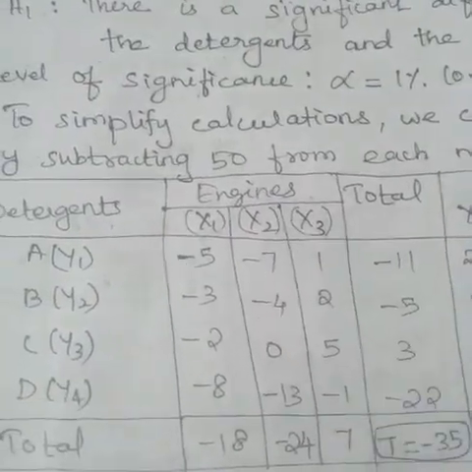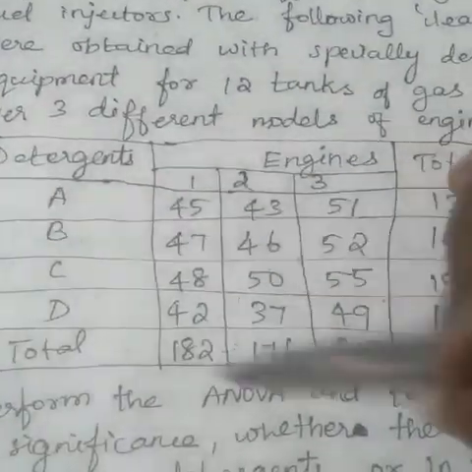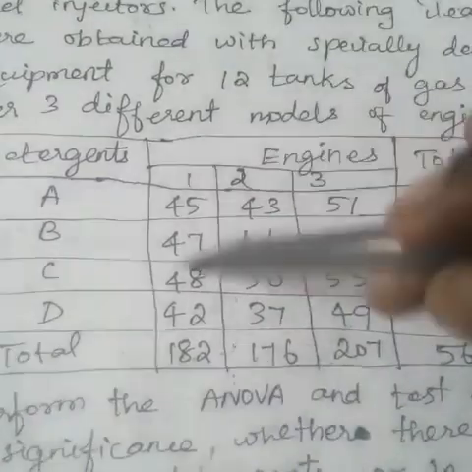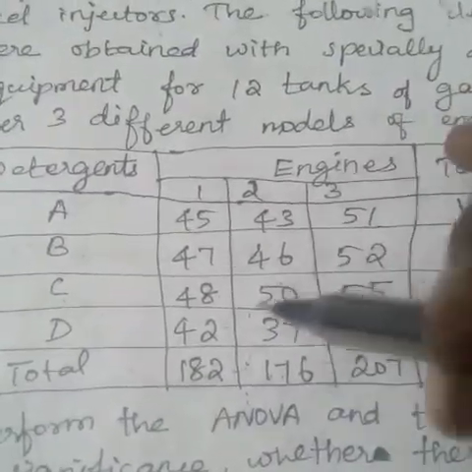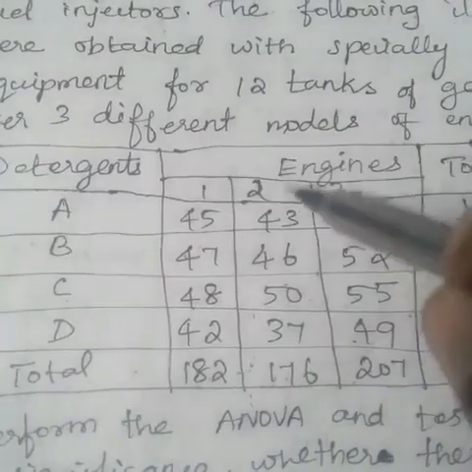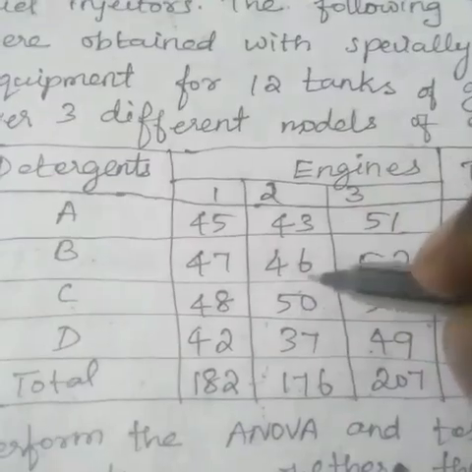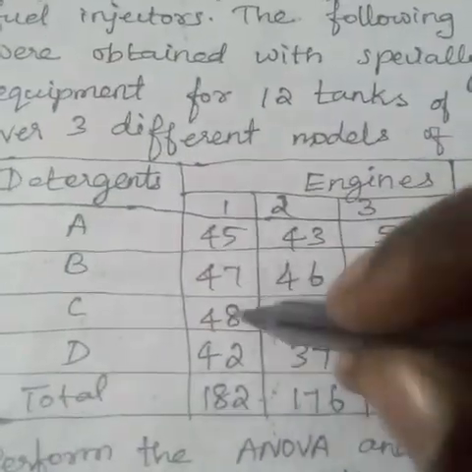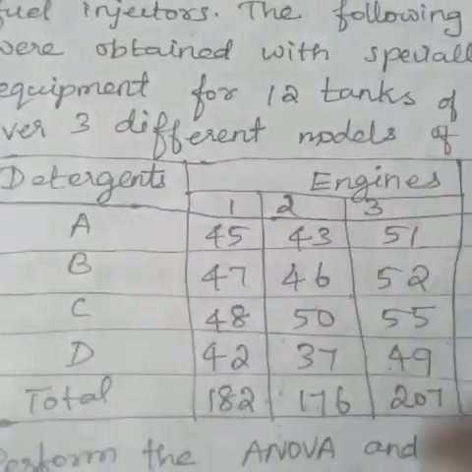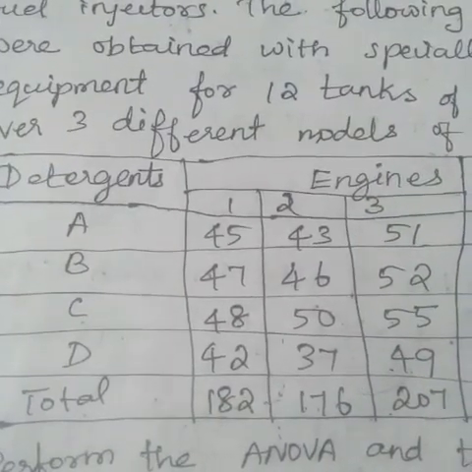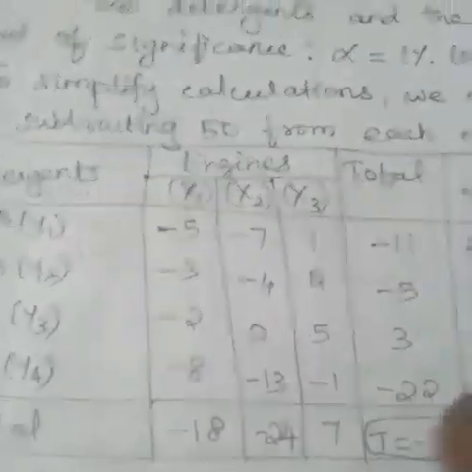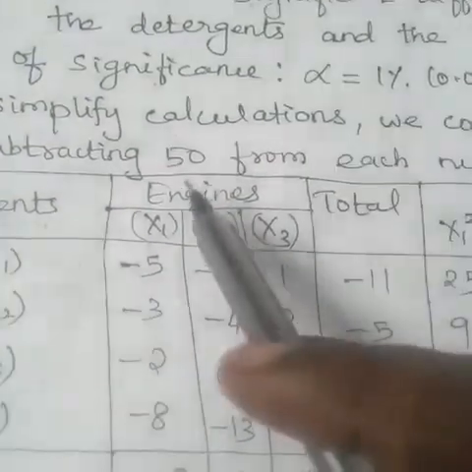We choose any one of the values from the given data and subtract that particular value from all the remaining values, including the particular value, 50 or 48, any one. Subtract from all the values within the blocks or treatments. So the calculation is easy.